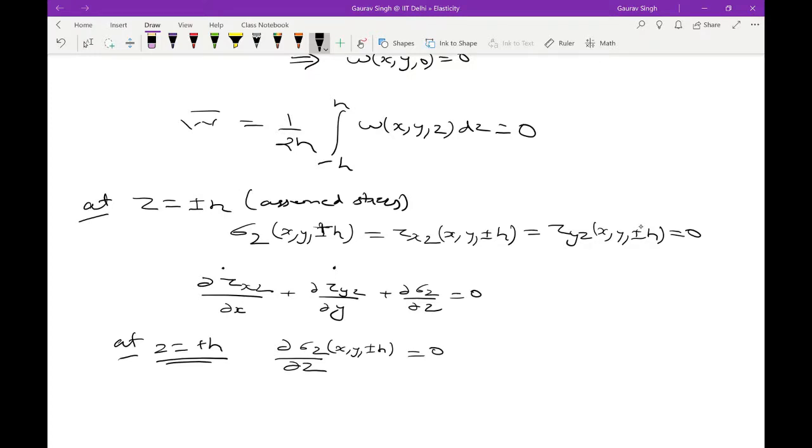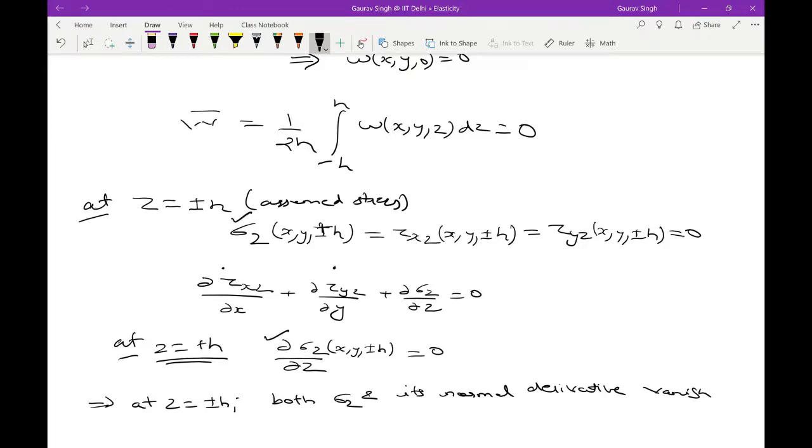So this implies that at z equal to plus minus h, both sigma z and its normal derivative vanish. Sigma z is definitely vanishing and the derivative is also vanishing.